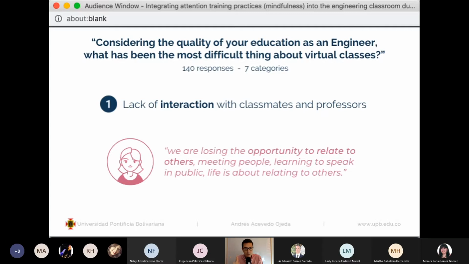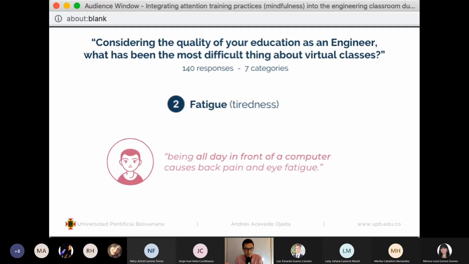The first one, lack of interaction with classmates and professors. So responses like, we are losing the opportunity to relate to others, meeting people, learning to speak in public. Life is about relating to others. Fatigue or tiredness. Responses like, being all day in front of a computer causes back pain, eye fatigue.